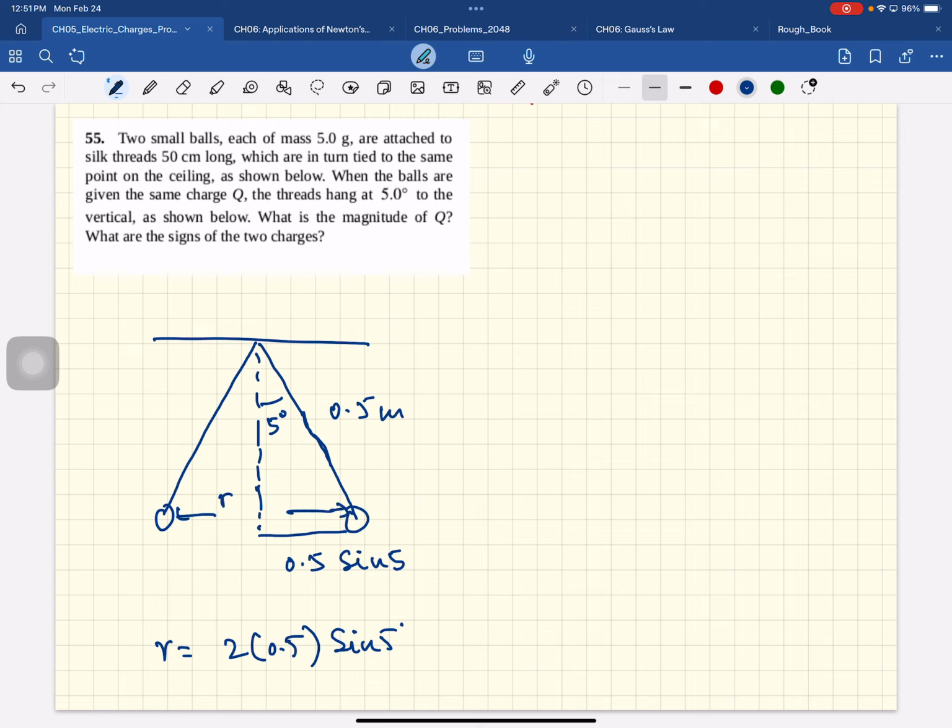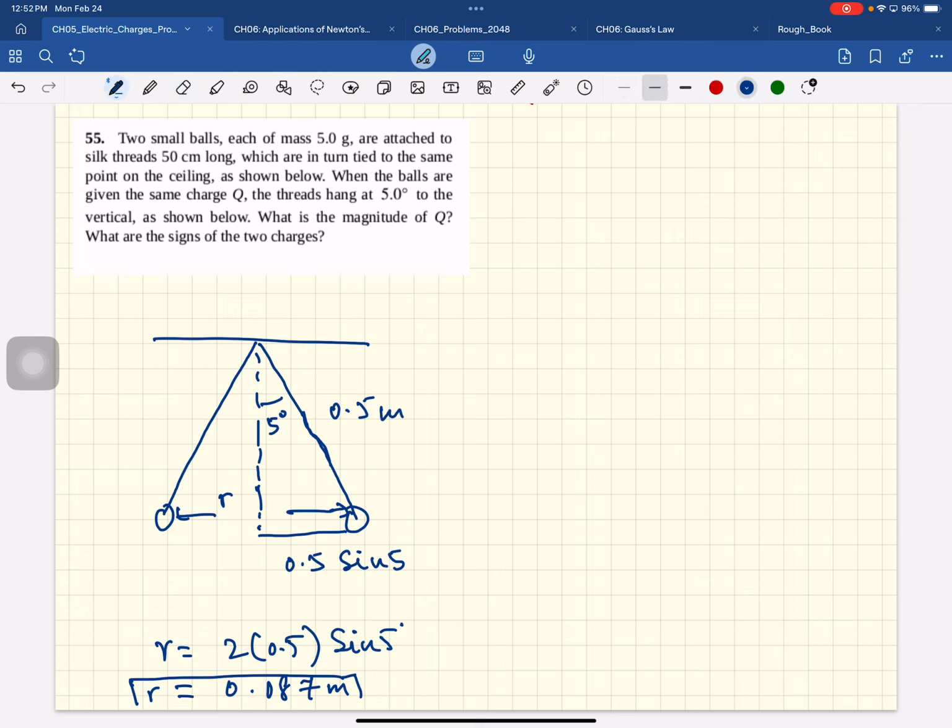That is R. So let's figure out R. R is 8 centimeters. Okay. So what is it that we have?